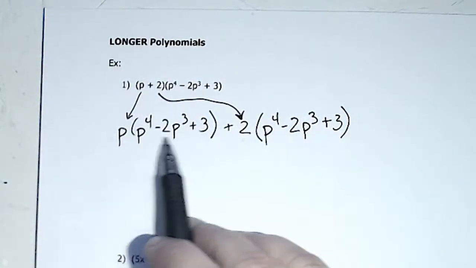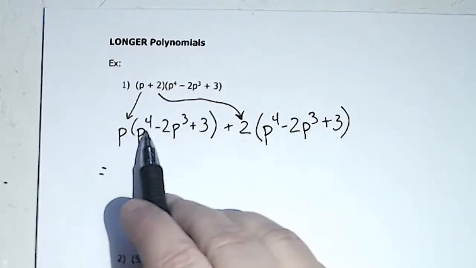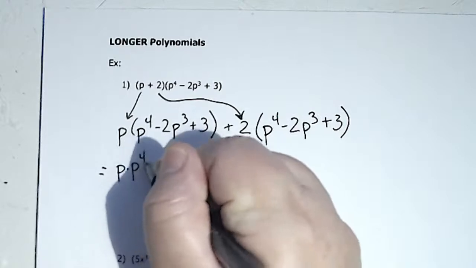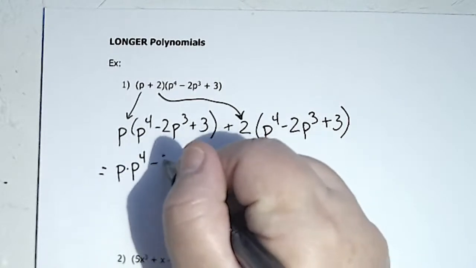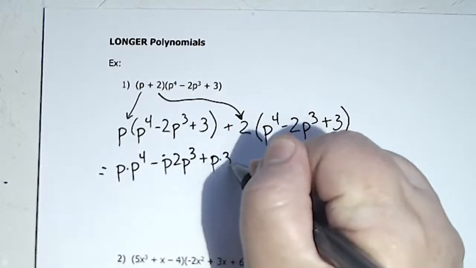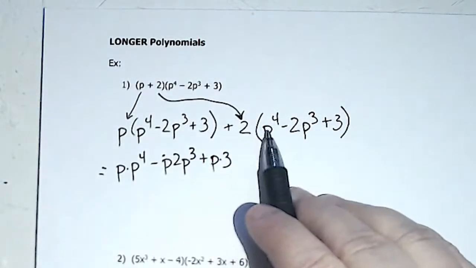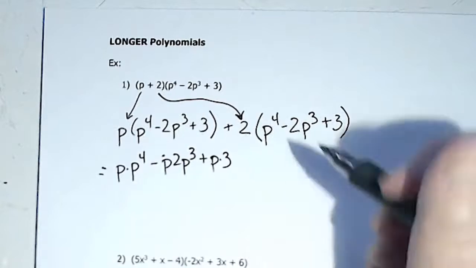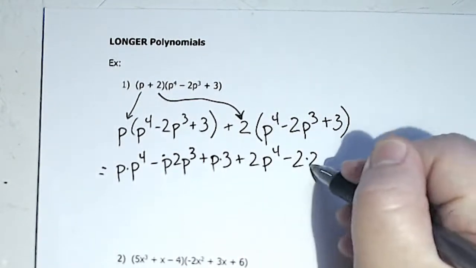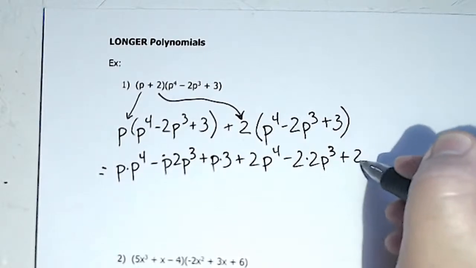Okay, distributive property. This p goes visiting, so I get p times p to the 4th minus p times 2p cubed plus p times 3. Okay, now the 2 goes distributing through, plus 2 times p to the 4th minus 2 times 2p cubed plus 2 times 3.